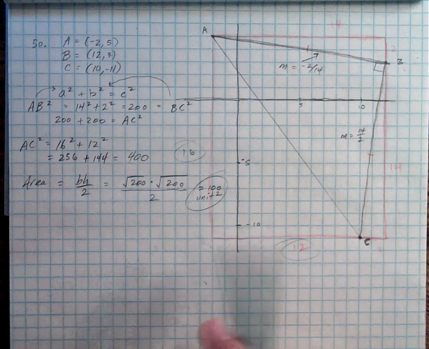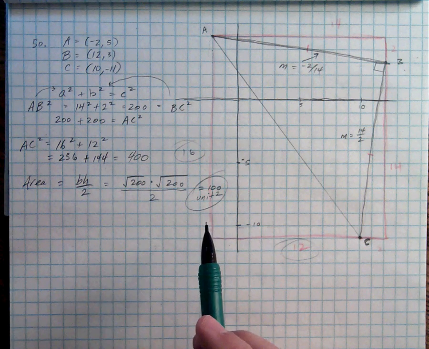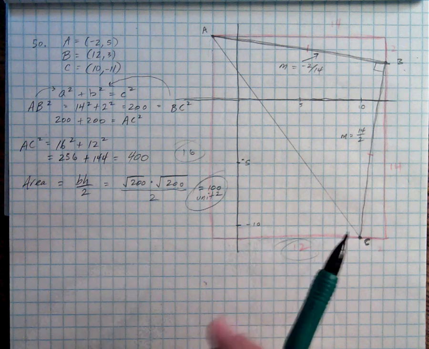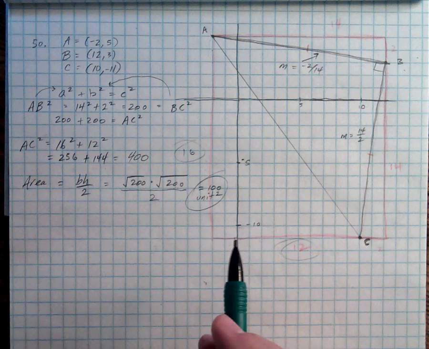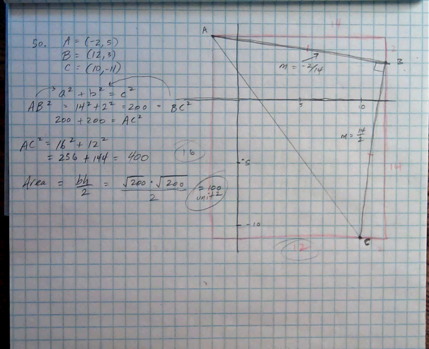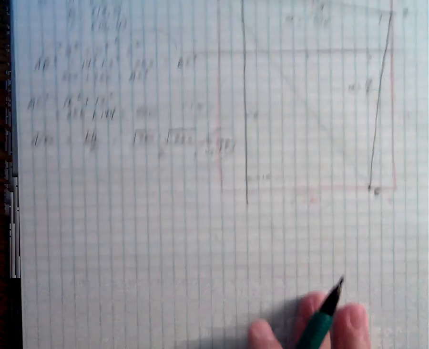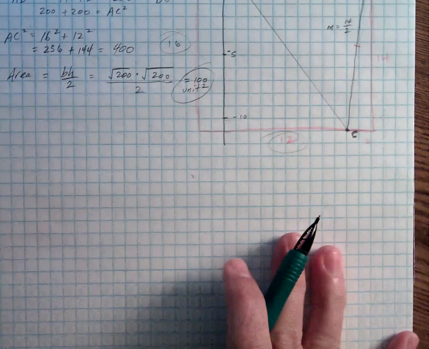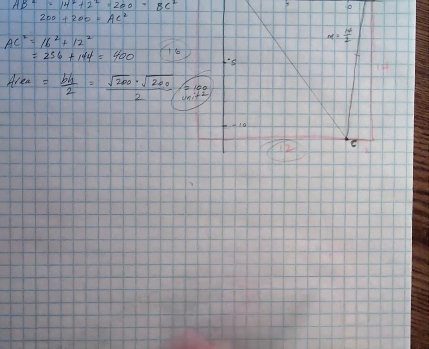Alright, in the next section, find the midpoint of the line joining points P1 and P2. That's just the midpoint formula. I guess I'll do one real quick. They're pretty easy. Remember, all you have to do is find the average of the x's and the average of the y's.